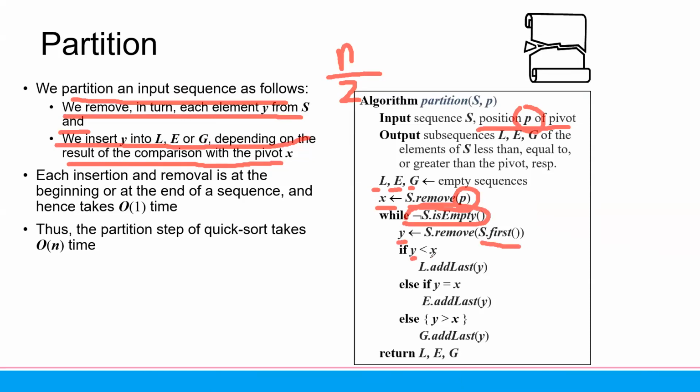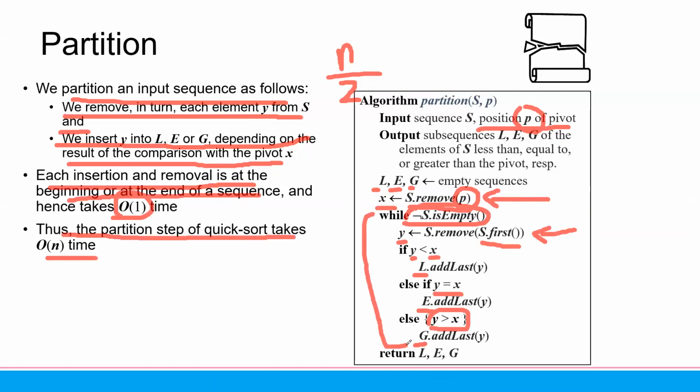If Y is less than X, then put it into L. If Y equals X, then put it into E. Else, meaning Y is greater than X, we put it into G. Every insertion and removal is at the beginning or at the end of the sequence, so it takes O(1) time. And the partition step of the quicksort takes O(n) time.